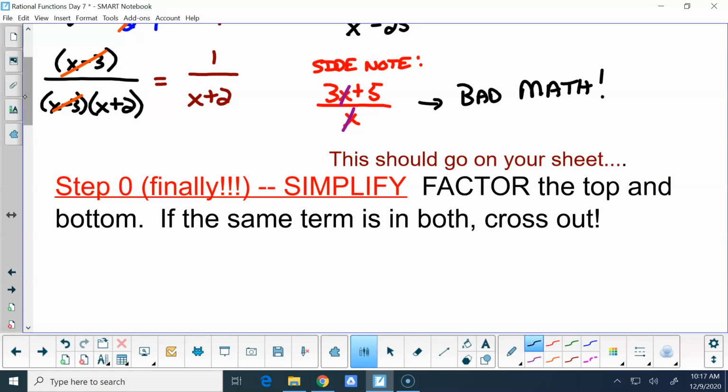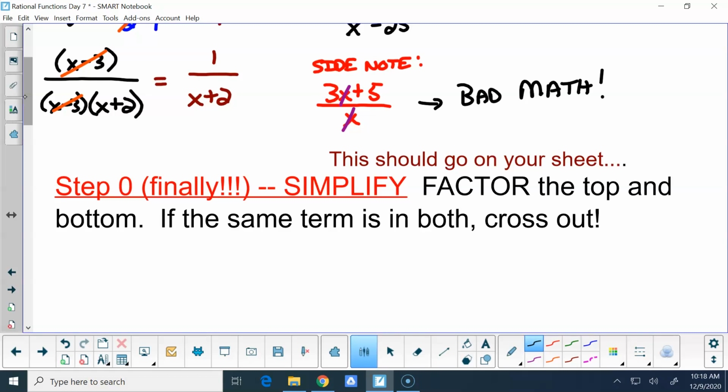We're going to simplify first. So we're going to factor the top and the bottom. If the same term is being used, we're going to cross it off. We're going to simplify it, and we're going to make our polynomial function even easier. So that's step 0.